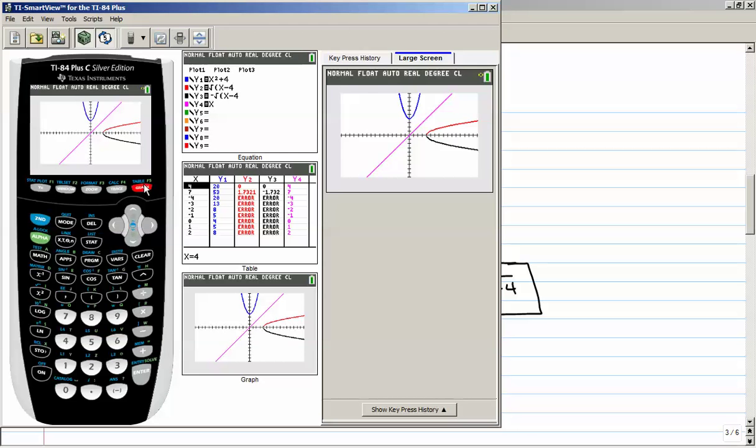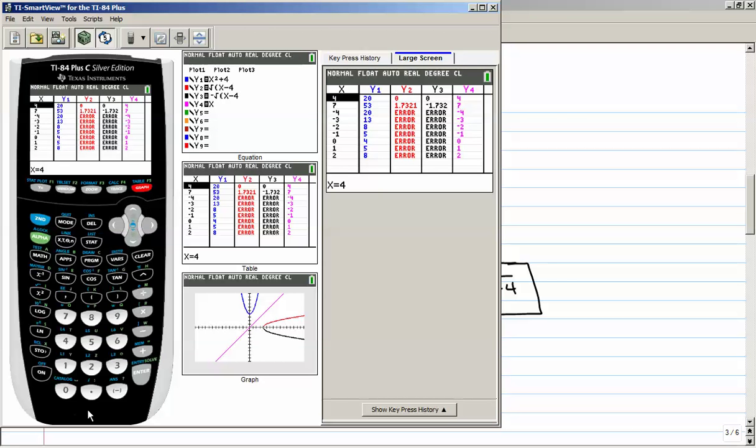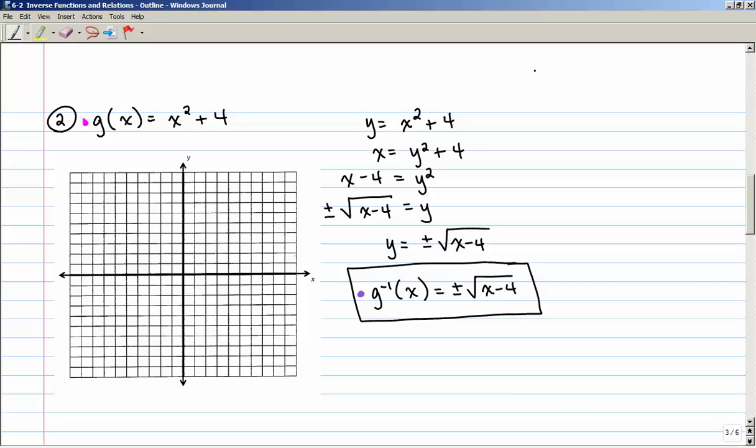Okay, so let's get some values here. Let's go to the table, and I'm going to try -2 through 2. Notice that's really good for my y sub 1, which was the x squared plus 4. So maybe I'll copy that table over here. For my pink one, maybe I'll just do it in pink.